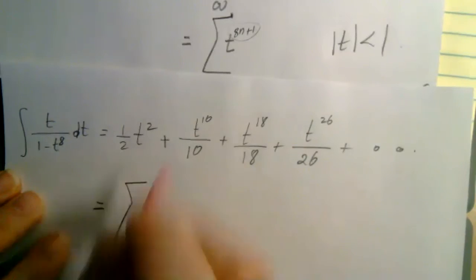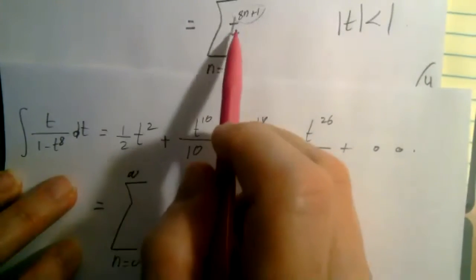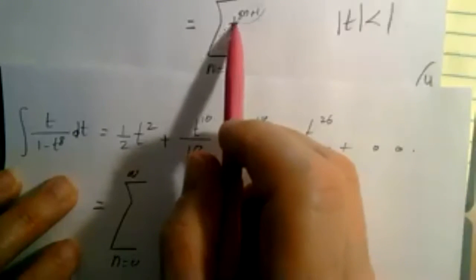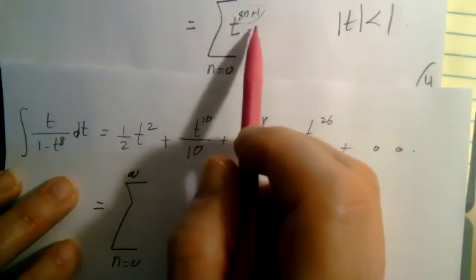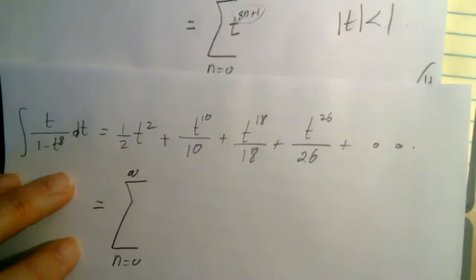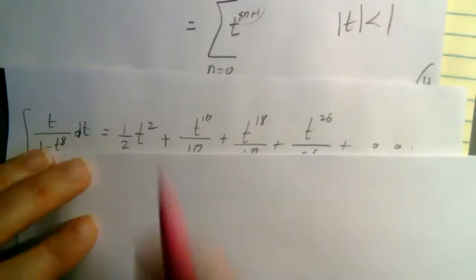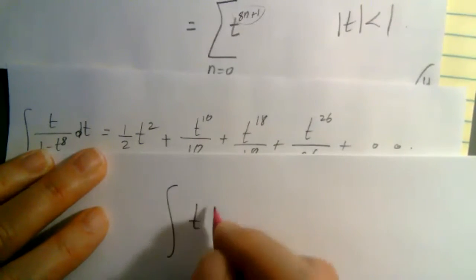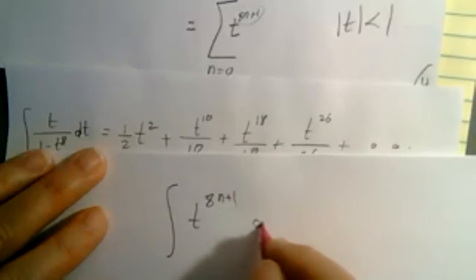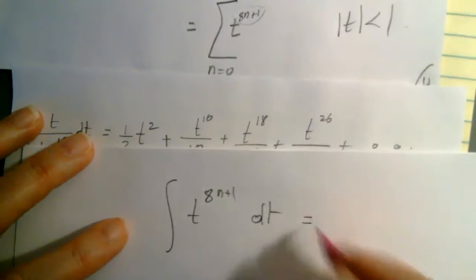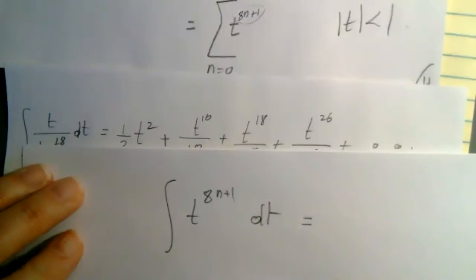Sigma n equals 0 to infinity. The antiderivative means you're taking every term. So now we find the antiderivative in a general context. So basically, I am finding the antiderivative of t to the 8n plus 1. That's really what I'm doing. So mathematically, what's the antiderivative of that?